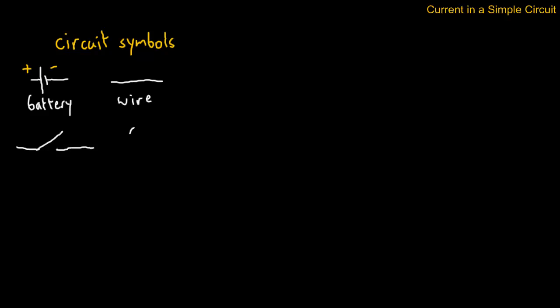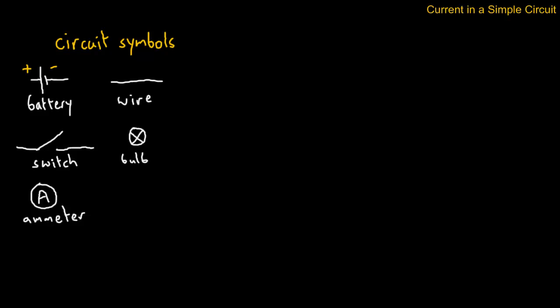A bulb will be like that. So that's a bulb. That's a switch. And one other thing, of course, we want to measure the current, and for that we use an ammeter. Measures the flow of current, the flow of electrons.